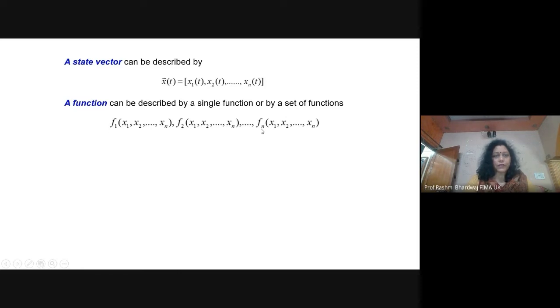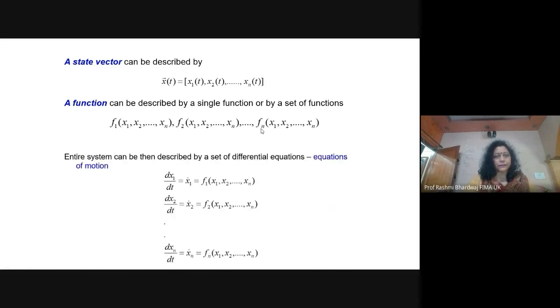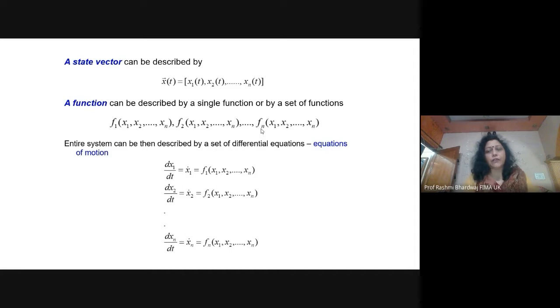Now, let us check what the condition is and how we have to operate. In general, we have a set of differential equations, or equations of motion, like dx1 by dt, which we normally denote x1 dot, equal to f1 of the states; dx2 by dt equal to x2 dot, which is f2; and like this dxn by dt equal to xn dot, which is fn of x1, x2, up to xn.